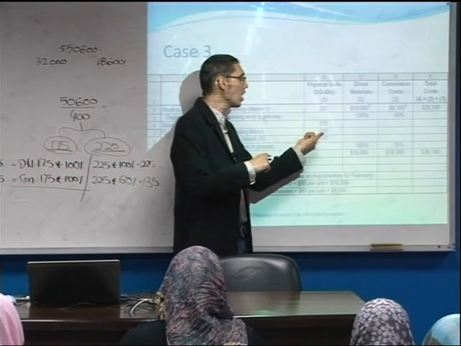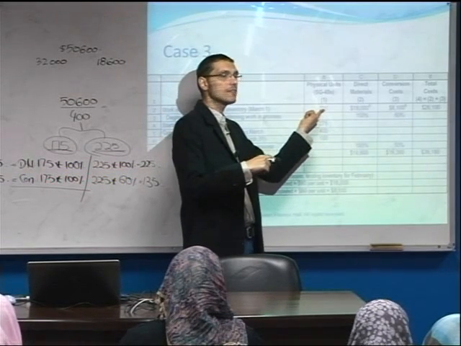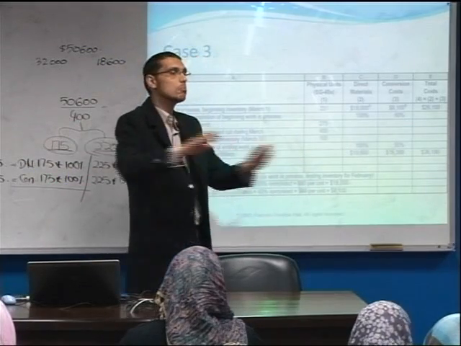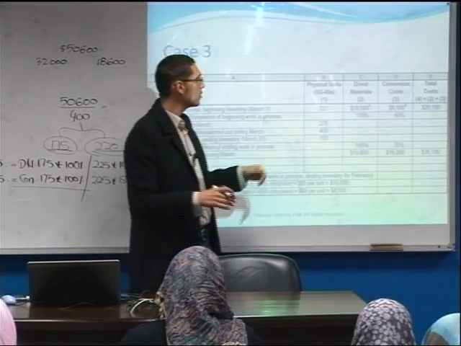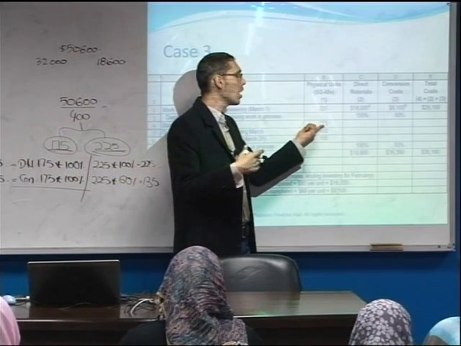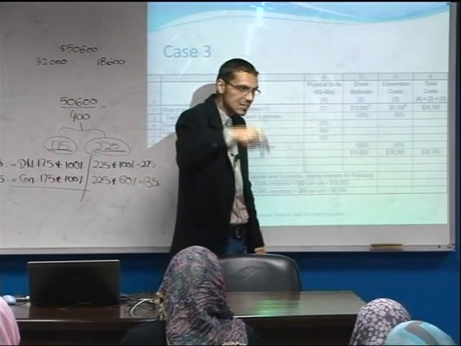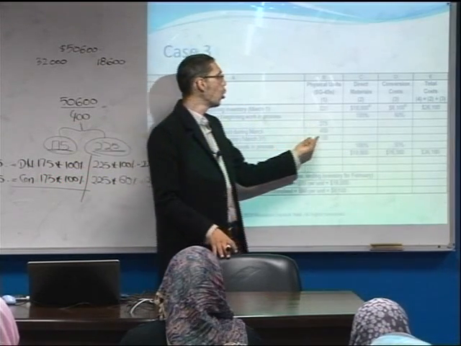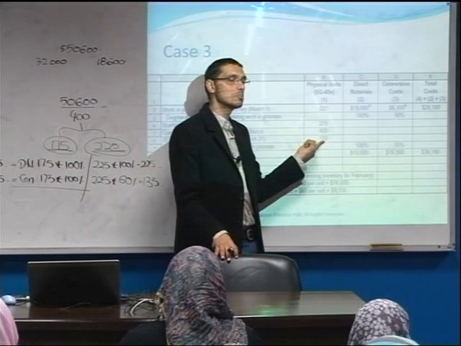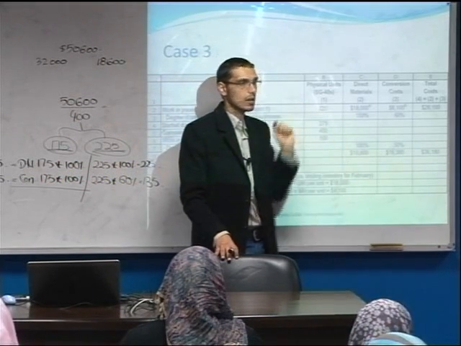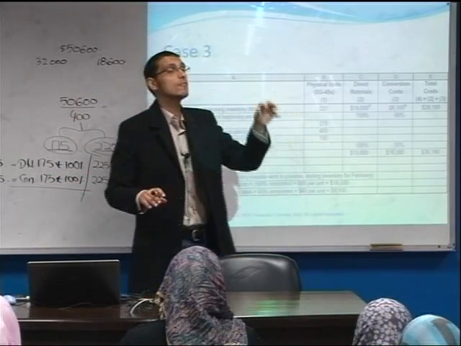Therefore, from the 400, we would have 225 as the beginning inventory that has been completed, and the remaining of the 400 would be from the 275 that were started within the month. Which means that all the ending work in process would be from the units that were started within this month. This is according to the FIFO method.